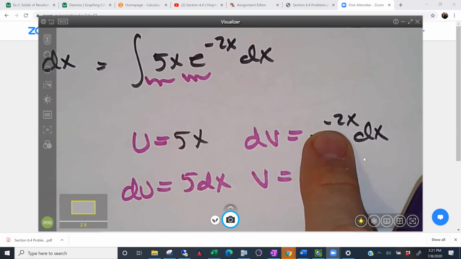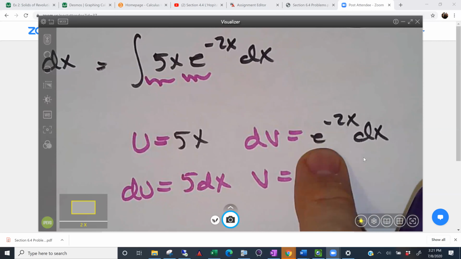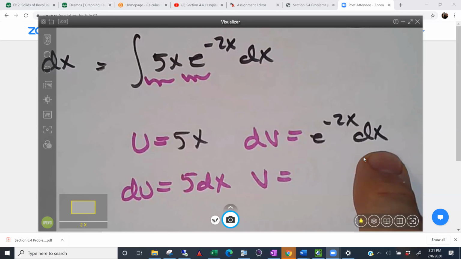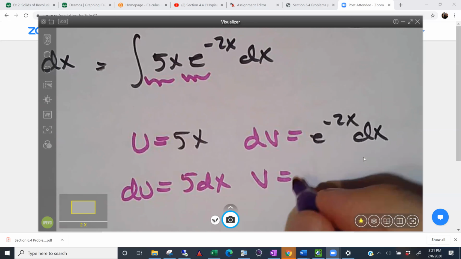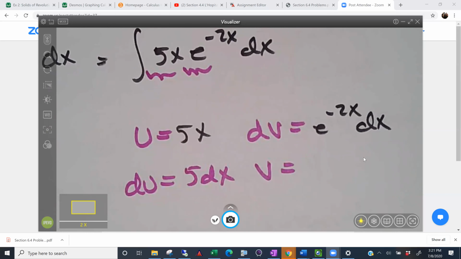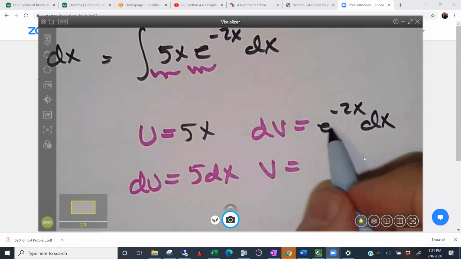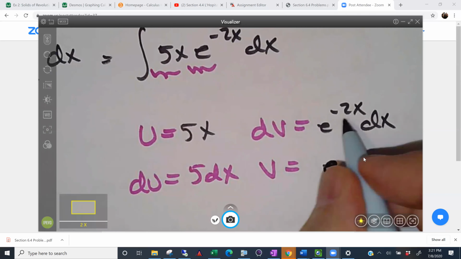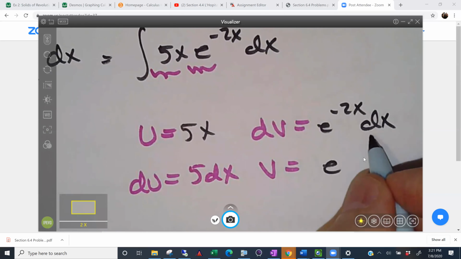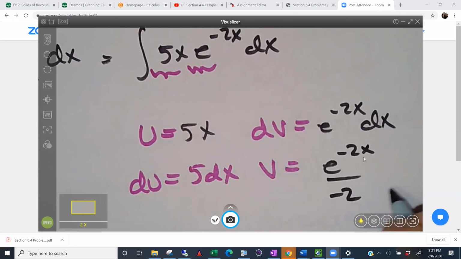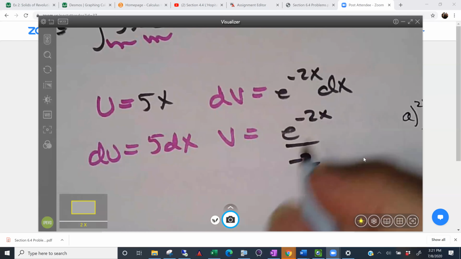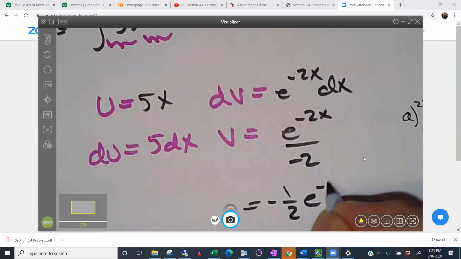Negative 2. So if I differentiated this, it'd be e to the negative 2x times negative 2. But integration is the opposite operation. So what's the opposite of multiplying by negative 2? Dividing by negative 2. So the shortcut on this, and I don't teach this to my Calc 1 students, is to think about differentiation that would result in multiplying by negative 2. So integration will divide by negative 2. Or of course, you could write that as negative 1/2 e to the negative 2x.